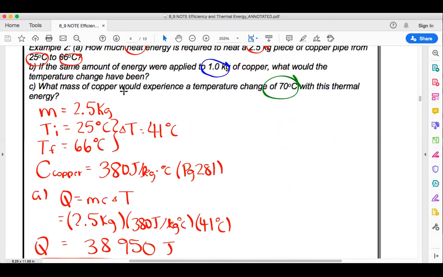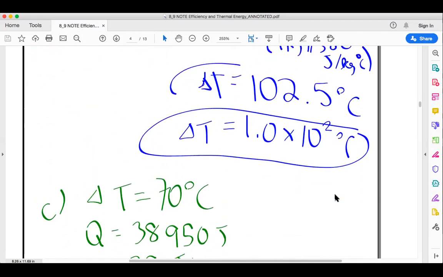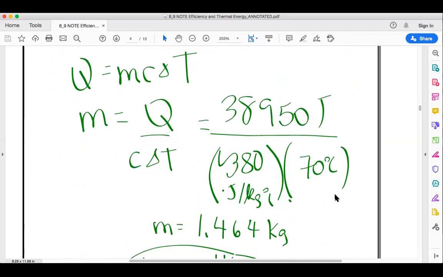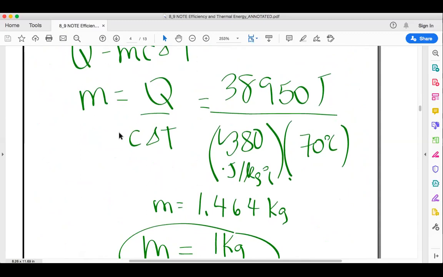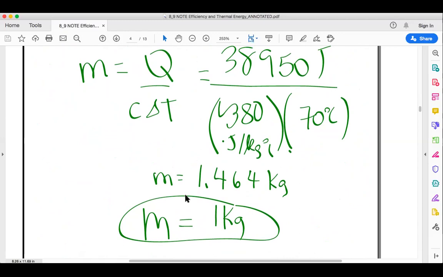And part C, what mass of copper would experience a temperature change of 70 degrees Celsius with this thermal energy? So we're solving for mass and we're given a delta T with this thermal energy. It's still the same Q value from part A, but now we're going to rearrange to solve for M. So M is equal to Q over C delta T. Substitute in our givens, and we would get 1.464 kilograms, which rounds to 1 kilogram.